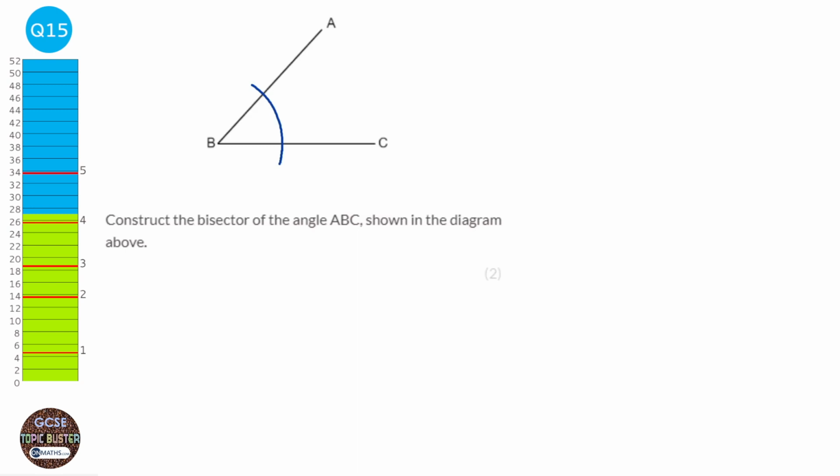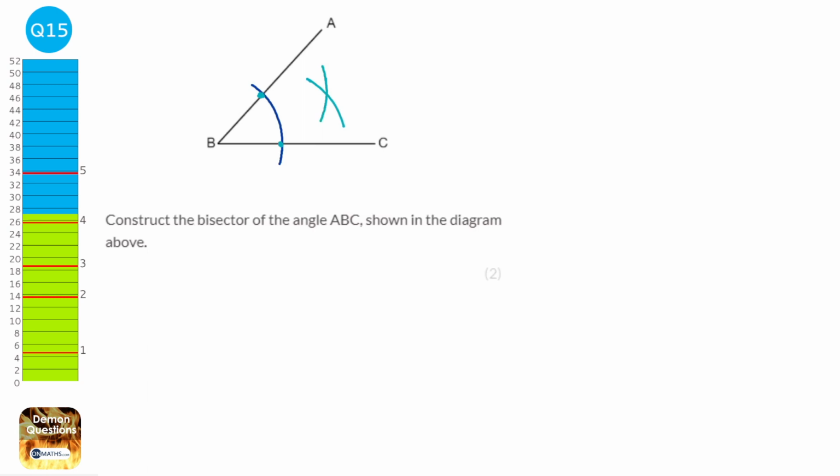And then at the 2 points, so here and here, that our arc intersects line AB and BC, we're going to draw another arc up here. So I'm just going to show you, because it's normally easier. So an arc over here, and I'm going to do an arc from the other one over here.